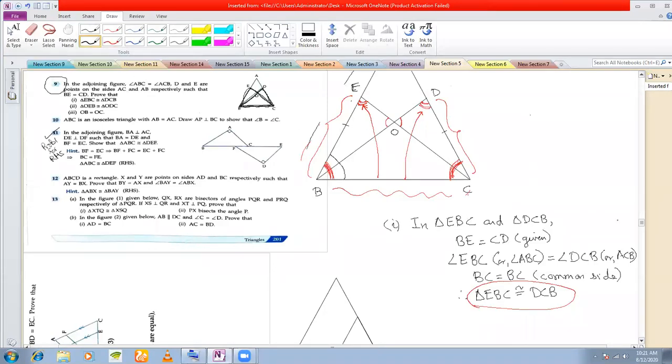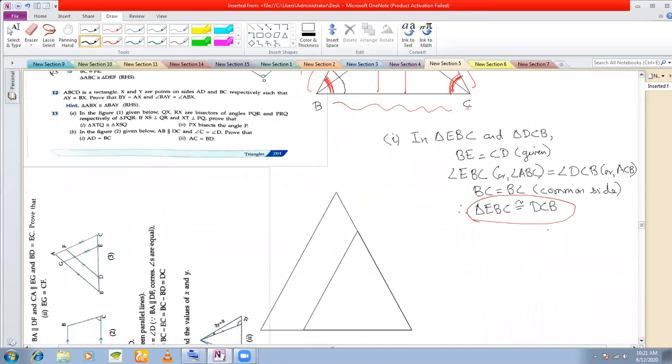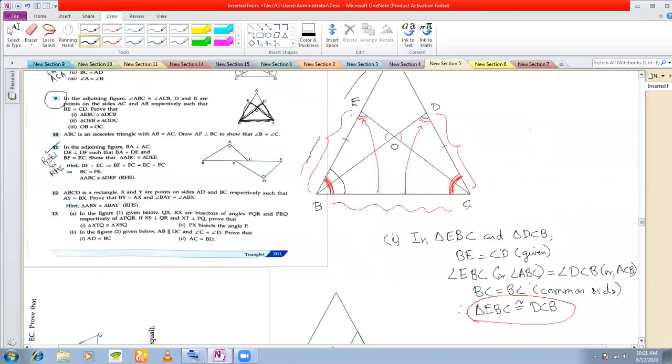So therefore, after proving the congruency of these two, I write here angle BEC is equal to angle BDC by CPCT.